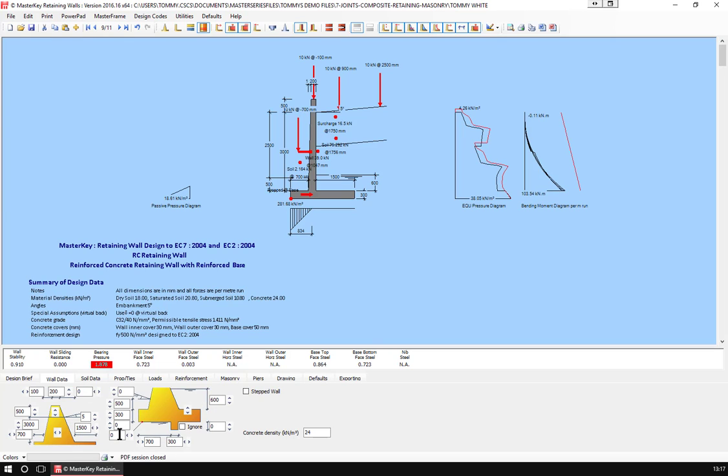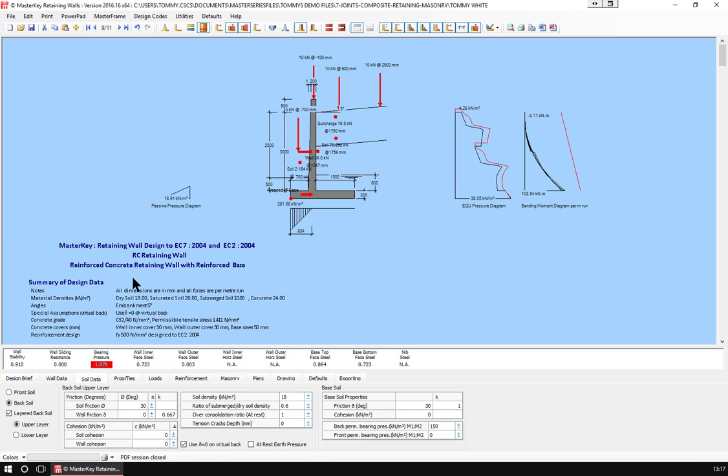Everything else is pretty straightforward and we've talked about. In here, let's move across to the soil data. Now, obviously, we're Eurocode fanatics nowadays, and we're designing to EC7 and EC2. So we're doing a reinforced concrete wall with reinforced base to the Eurocode.